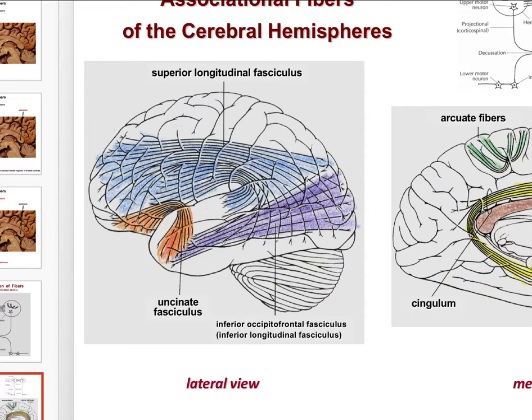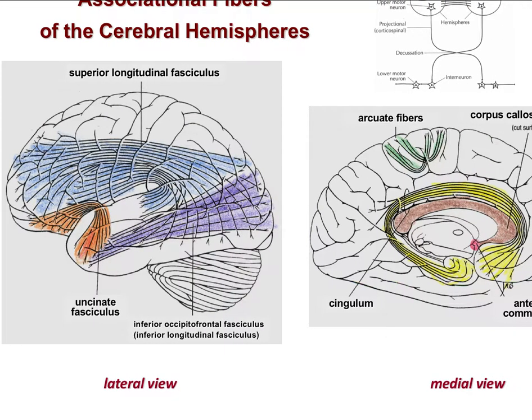This is actually a really cool one: if you lesion it, you can really affect different types of memory recall, because much memory processing happens here within the temporal lobe. And then this frontal lobe has difficulty processing that and making associations with it if those fibers are cut. So these help to interconnect the anterior and inferior parts of the frontal cortex, and also the anterior part of the temporal cortex.